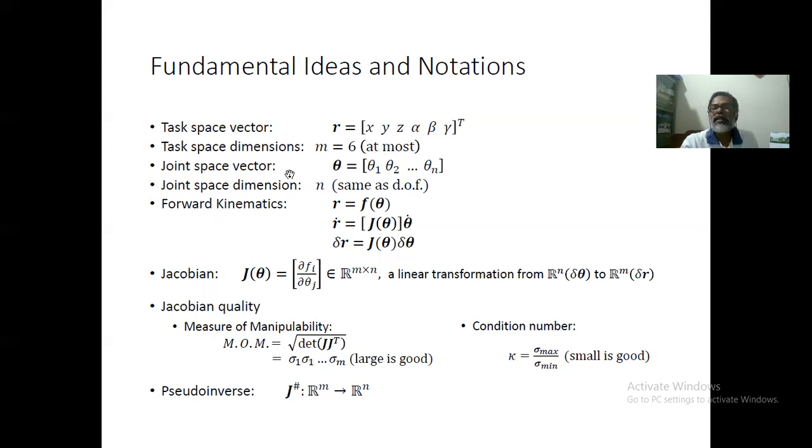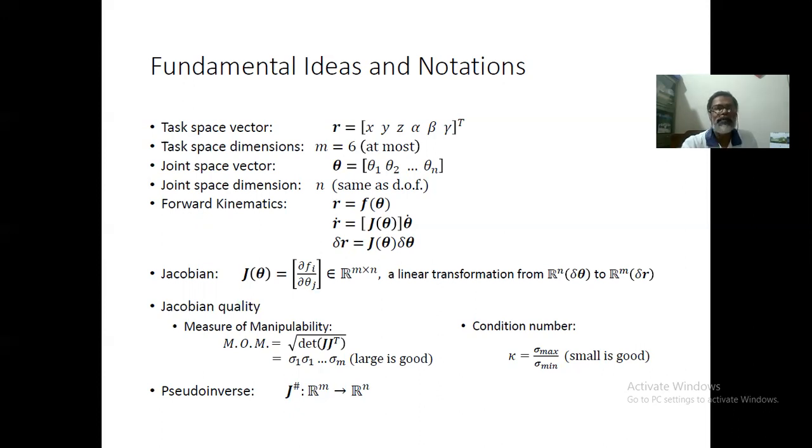Now the joint space vector in the serially connected open chain manipulator is theta 1, theta 2, theta 3, theta 4, as many of them as there are, up to theta n. So the joint space dimension is n, same as the degree of freedom. Now n can be larger than the task space dimension m. In that case, you have kinematic redundancy. The forward kinematics that you have is r equal to f of theta. Now theta is too many and r is at most 6.